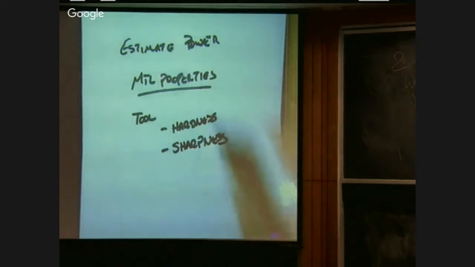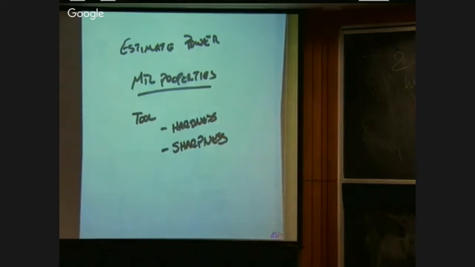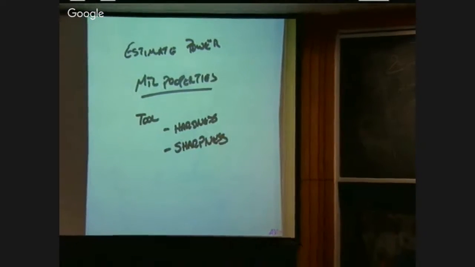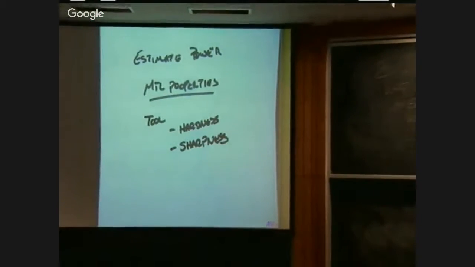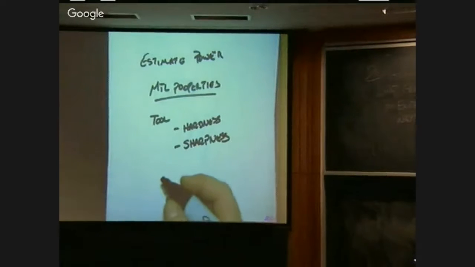We need to know material properties, we need to know tool properties. So I said we're measuring the power that's going into the motor that spins the spindle. We need to know something about the transmission of the power from the input side of the motor to the cutting edge of the tool, right? So we need to know something about the tool design.